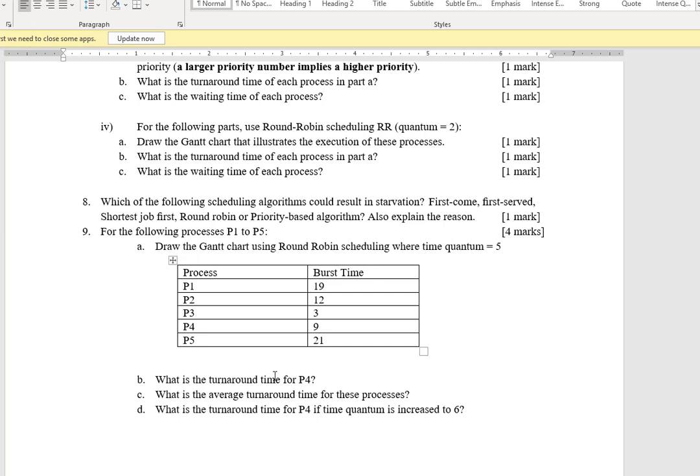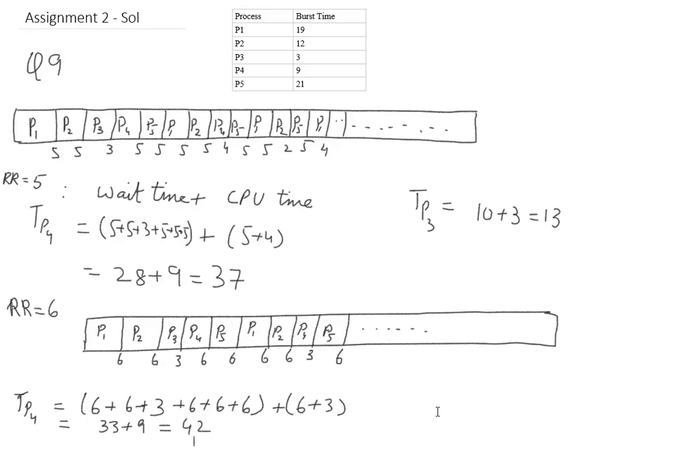The last part asks what the turnaround time for P4 is if the time quantum is increased to 6. Before, the time quantum was 5, now if we change it to 6, you can see how these processes work, and at the end we find the waiting time plus the service time. Before, the service time was 5 plus 4, now it has become 6 plus 3, same 9, but the time quantum has changed.